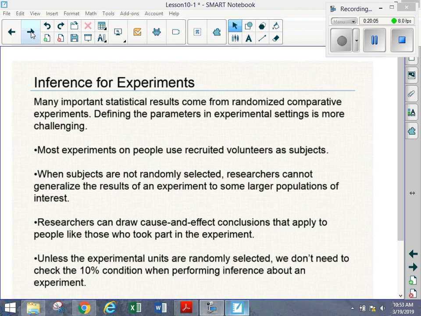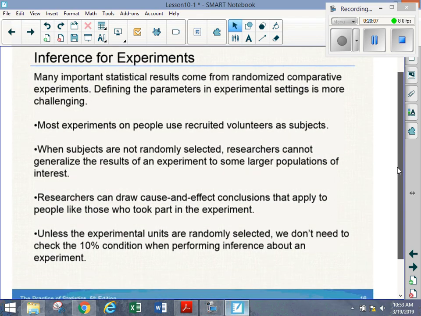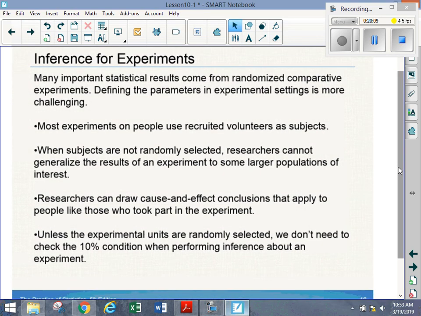And if you're going to do inference for an experiment, and that's what I was talking about earlier, if your experimental units are not randomly selected, then you don't need to check the 10% condition, because it's assumed they're the entire population. Really weird.